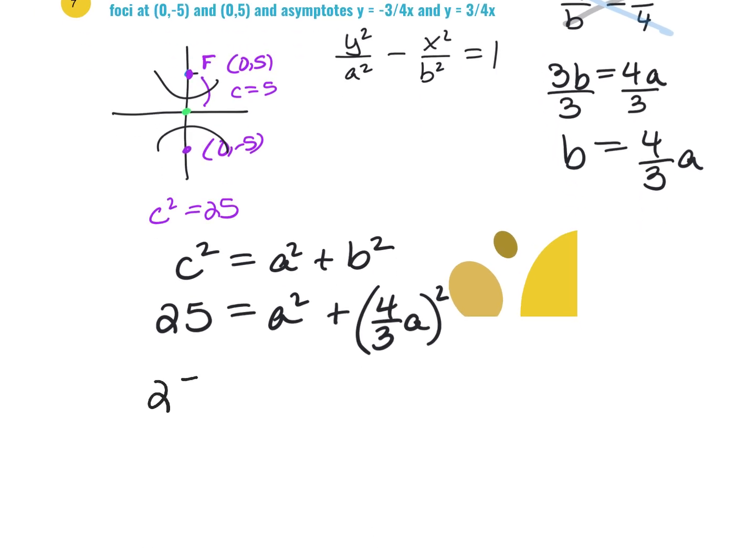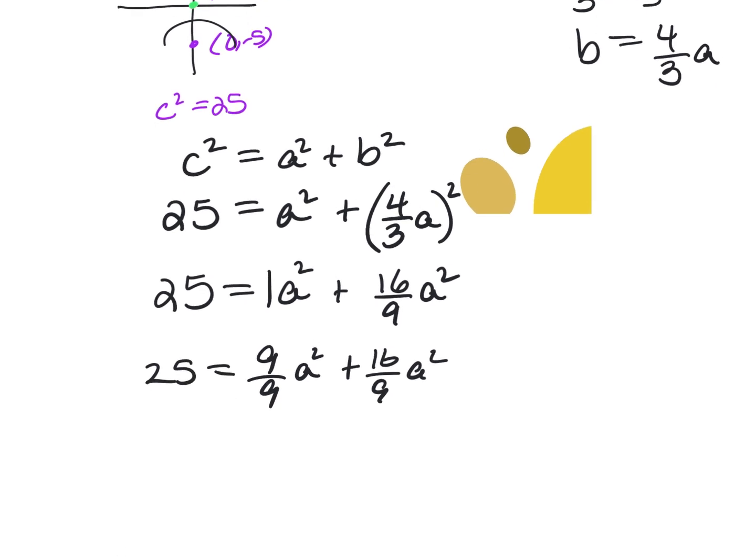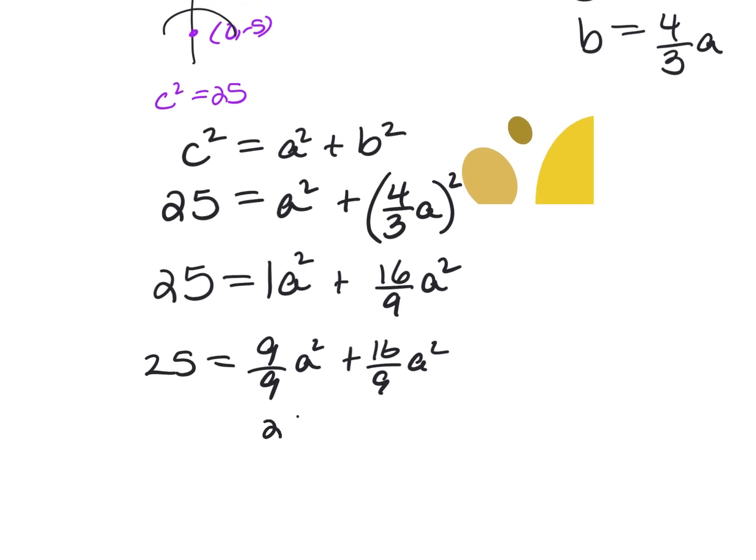So then this becomes 25 equals a squared plus 16 over 9 a squared. I now need to combine my like terms. I'm going to change this 1a squared into 9 over 9 a squared, so I have a common denominator. And I get 25 over 9 a squared equals 25.